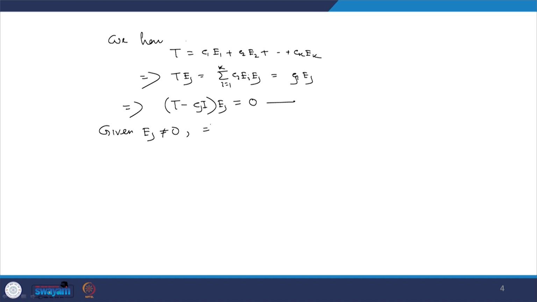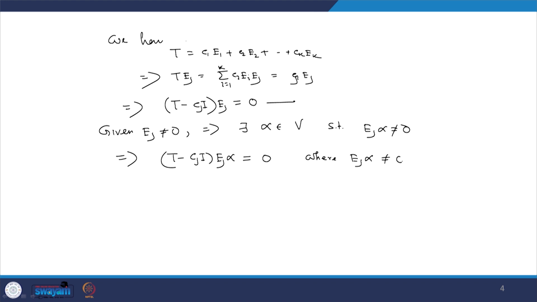So, this implies there exists alpha belongs to V such that Ej alpha not equal to 0. So, this implies (T minus Cj I) Ej alpha equal to 0, where Ej alpha not equal to 0.